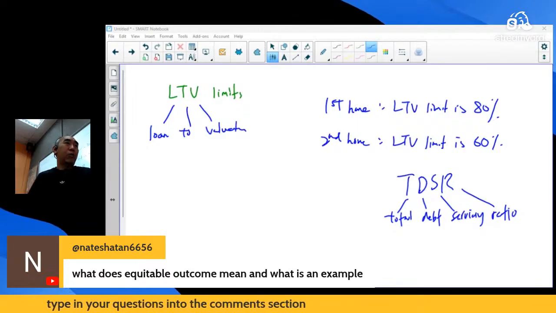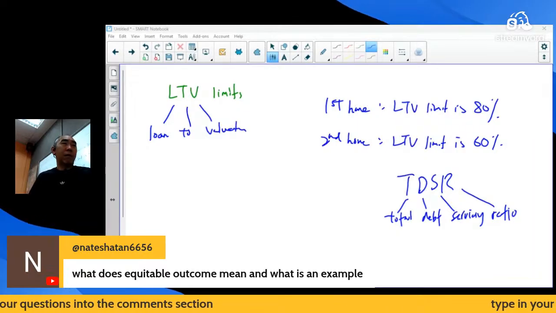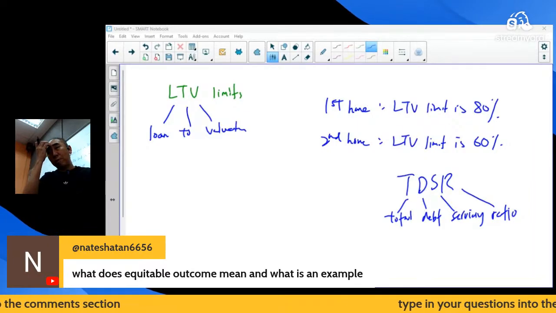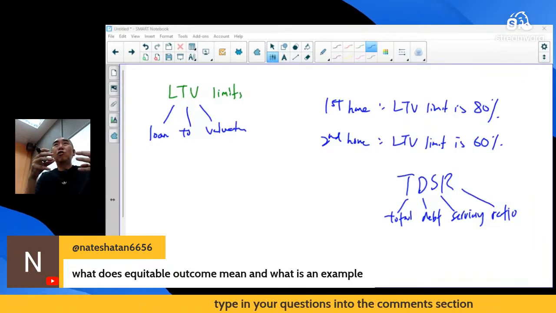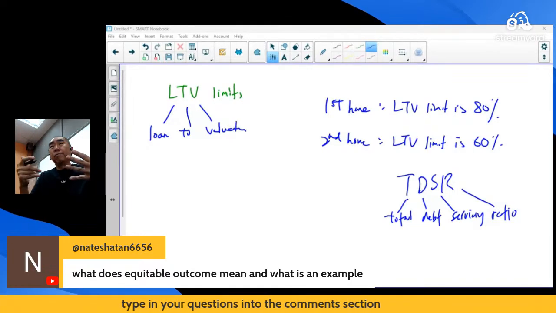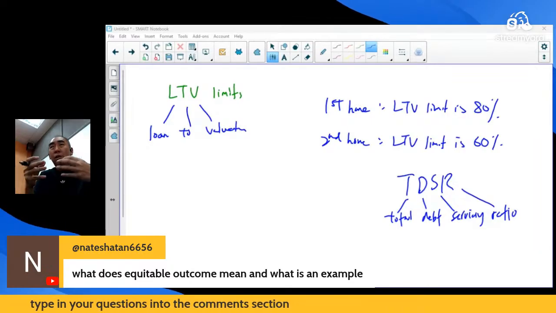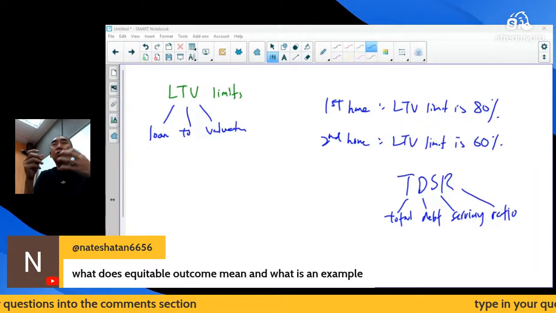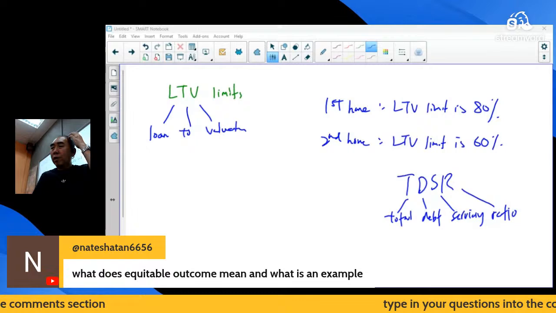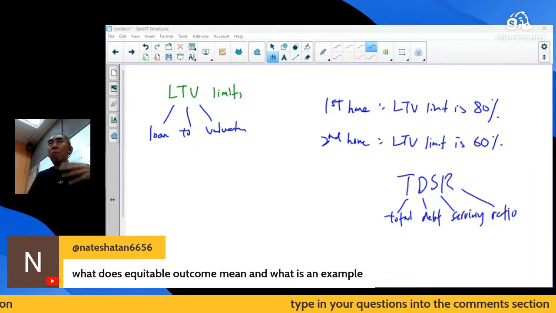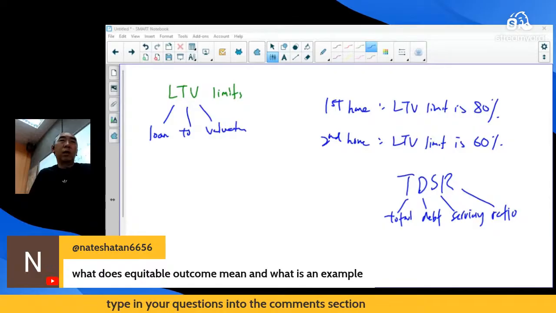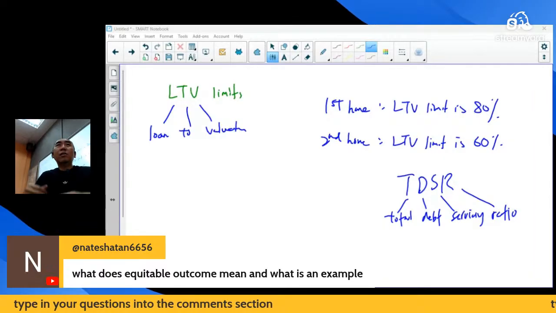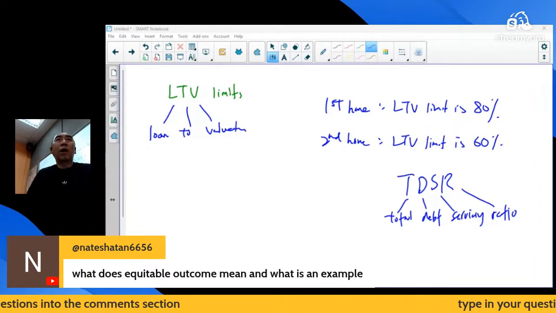What does equitable outcome mean and what's an example? So if you look at the syllabus document, equity refers to fairness in the distribution of economic resources, fairness in distribution of essential goods and services. So for example, what we classify as essential goods and services could be, let's say, access to clean water, access to housing, access to healthcare, access to education.